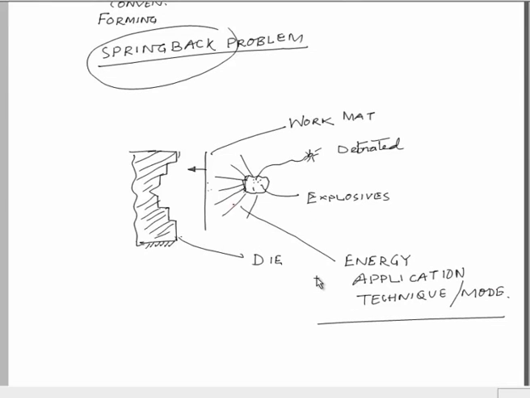Only this mode can be different, but the basic principle lies in this, in which a material which is generally ductile in nature will be formed using this high energy or high speed rate of forming.